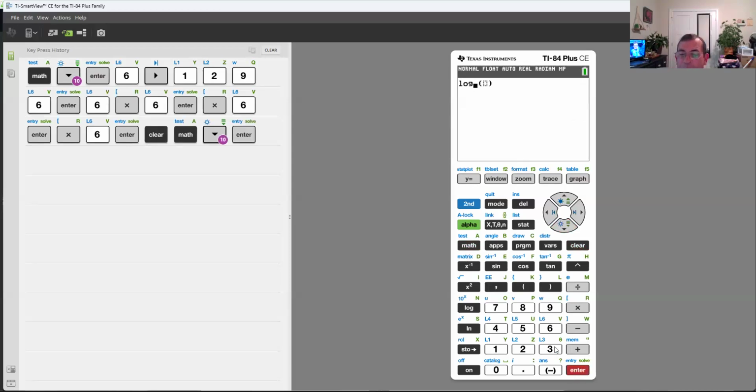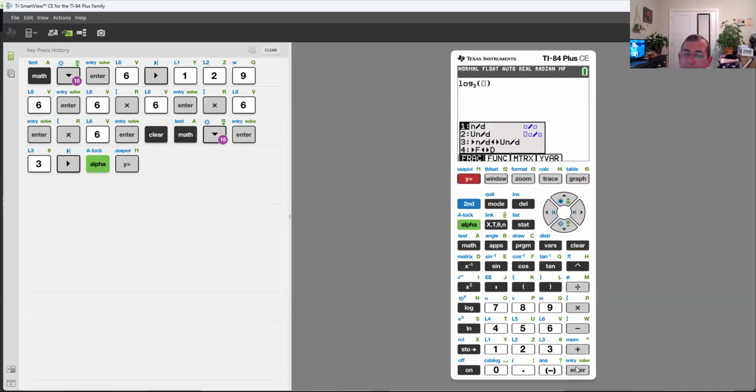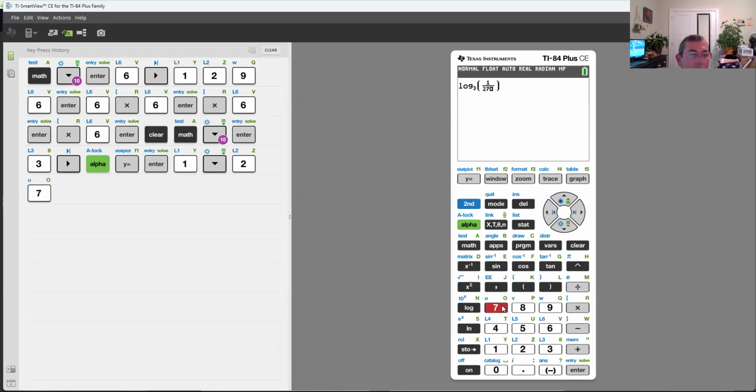My base was a 3. My result was 1 divided by 27, or you could make it look like a fraction by hitting alpha, y equals, and enter, putting your 1 on top, 27 on bottom. So we can put these in exactly like they look. Guess what? When I hit enter, you get a -3.